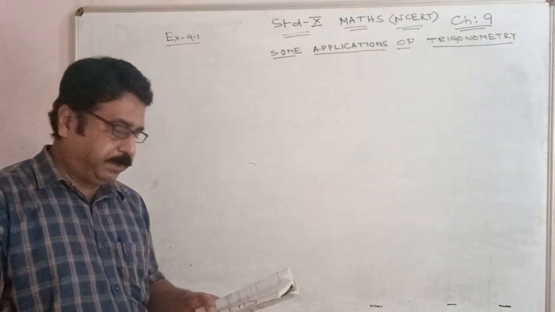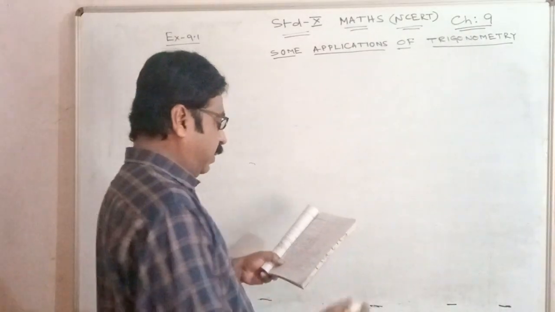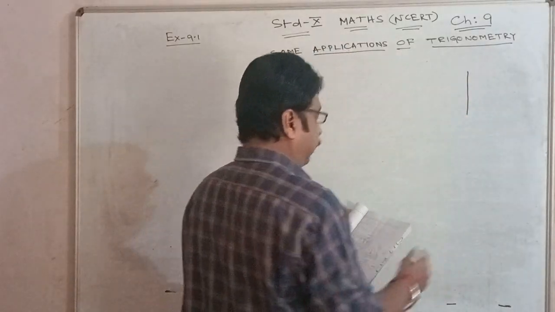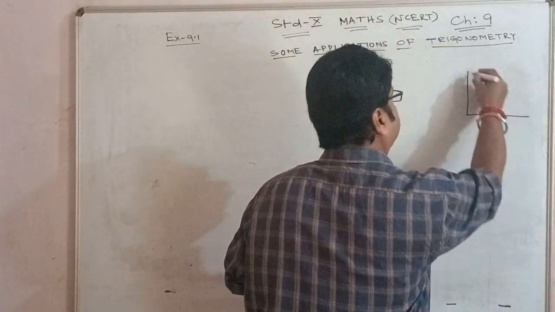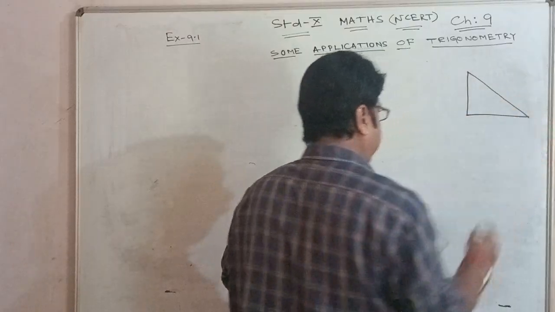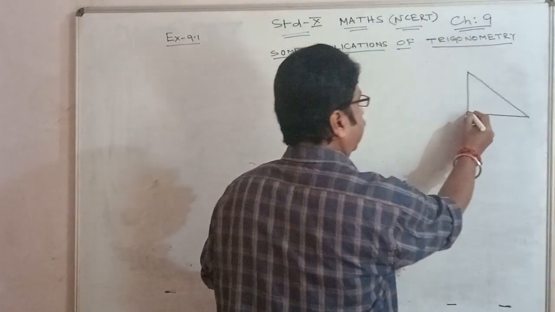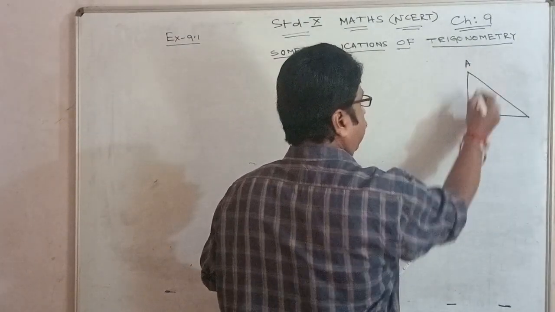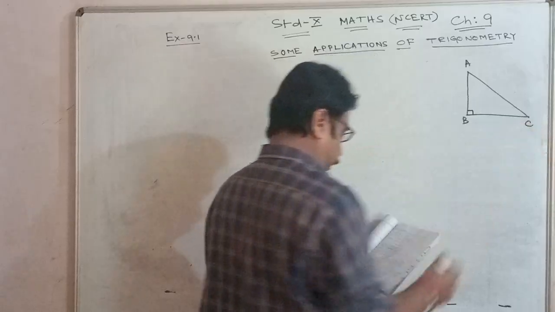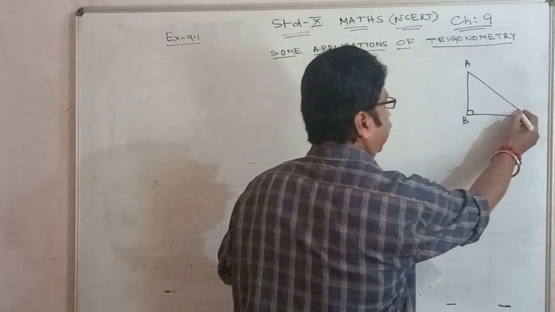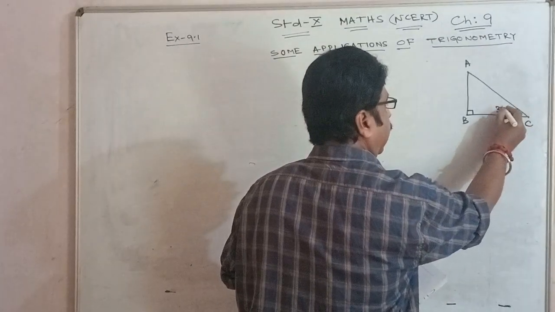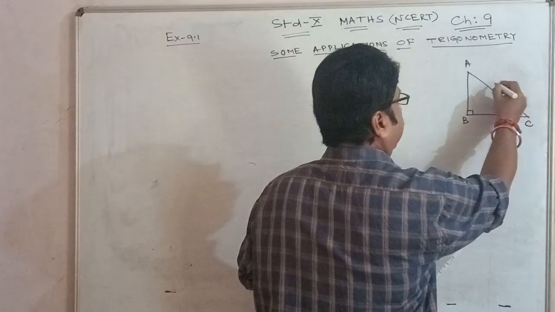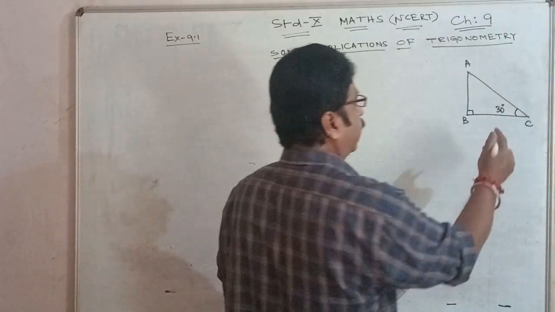In question number 1, one diagram is given. ABC, a right triangle. B is 90 degree, right angle. Angle C is given 30 degree, and AC is 20 meter.